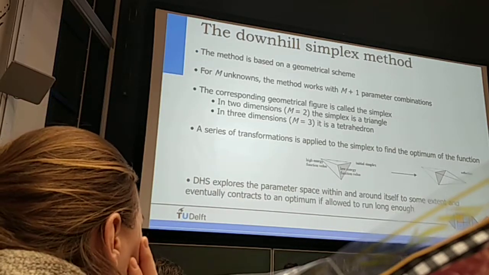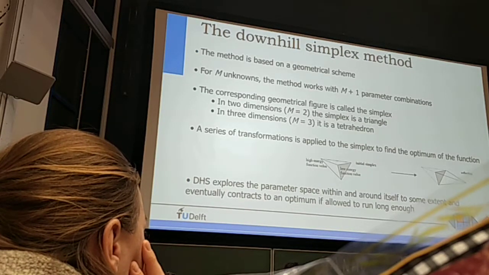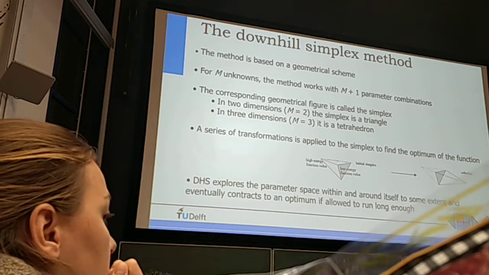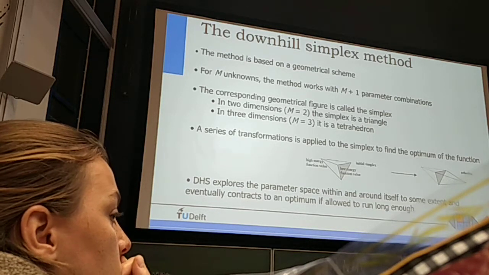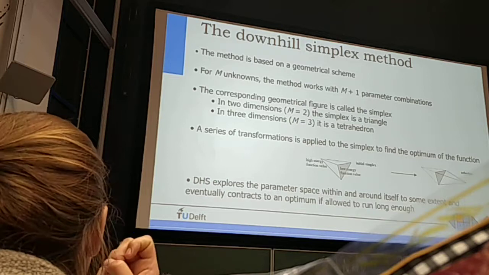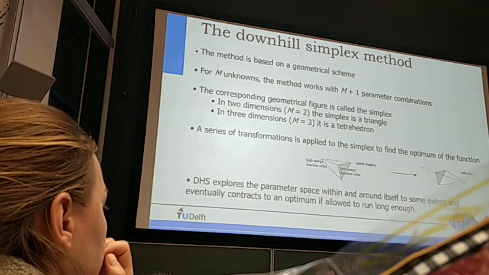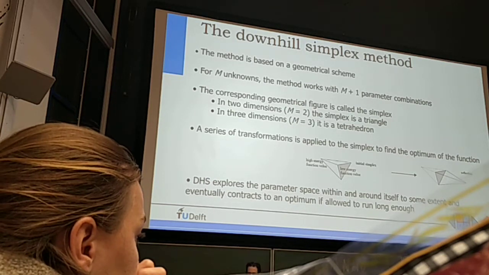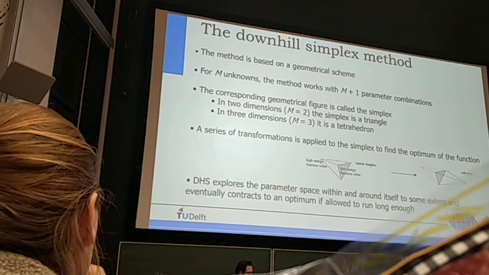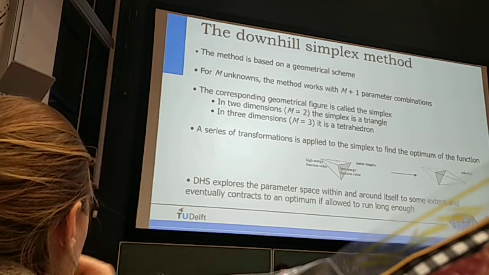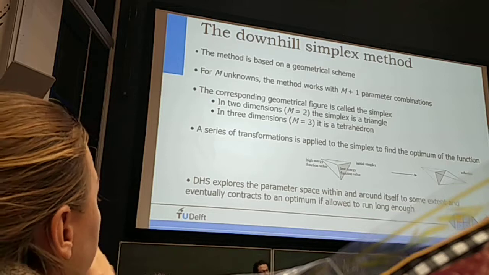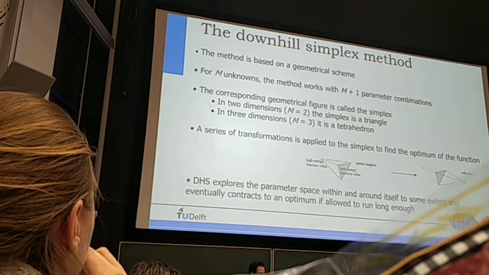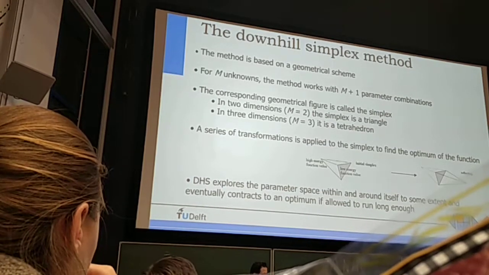How it basically works is that we have a geometrical scheme with a couple of unknowns, and it works with a number of n+1 parameter combinations. What you end up with is a geometrical figure, which is a triangle if we have a two-dimensional search space, so two variables, and if we have three, it's a tetrahedron.